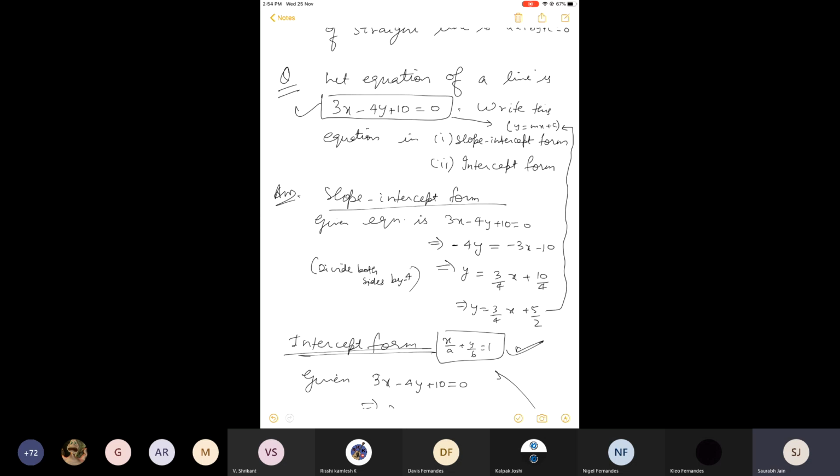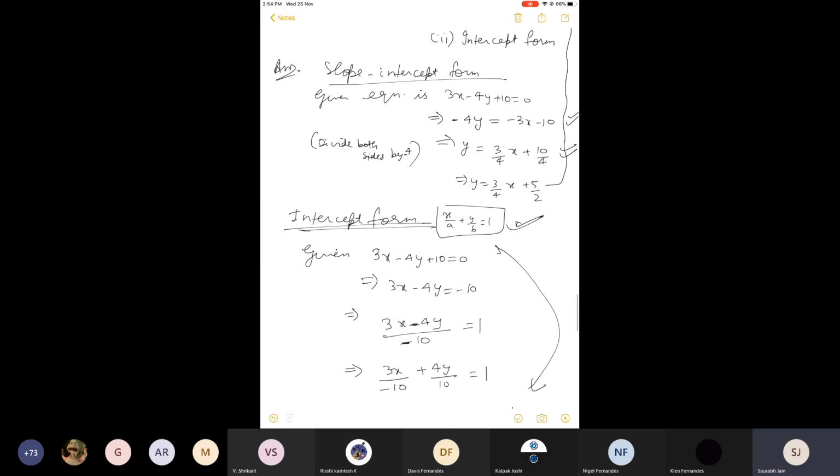Because of that, I wrote minus 4y equals minus 3x minus 10. And lastly, as you can see, in the left hand side, the coefficient of y is not 1. So you will divide both sides by the coefficient of y, which is minus 4 in this case. So in this way, you write the slope intercept form.